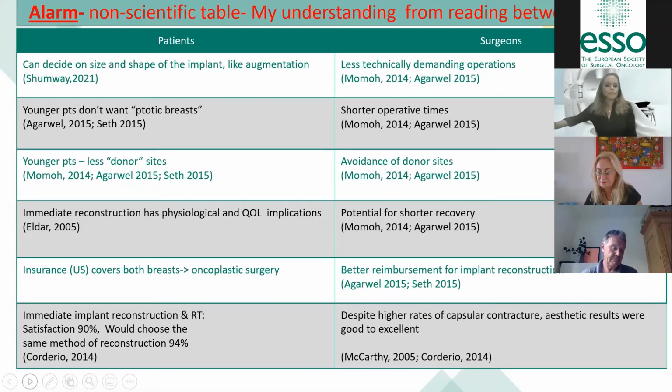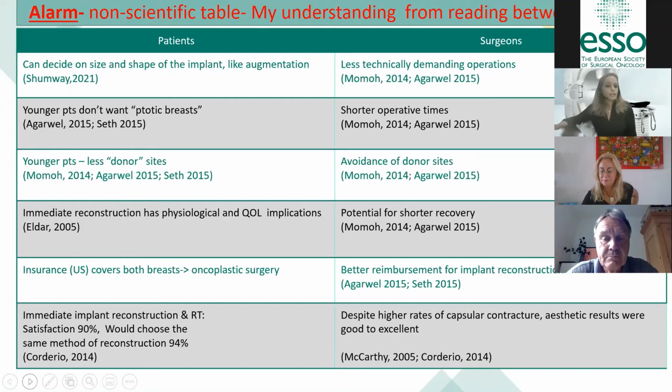And we have patient factors that might influence: they can decide on the size and the shape of the implant, like augmentation. They don't want the ptotic breast that is assumed to come with more autologous breast, less donor site. Immediate reconstruction, we know, has psychological effect and quality of life implication after mastectomy.